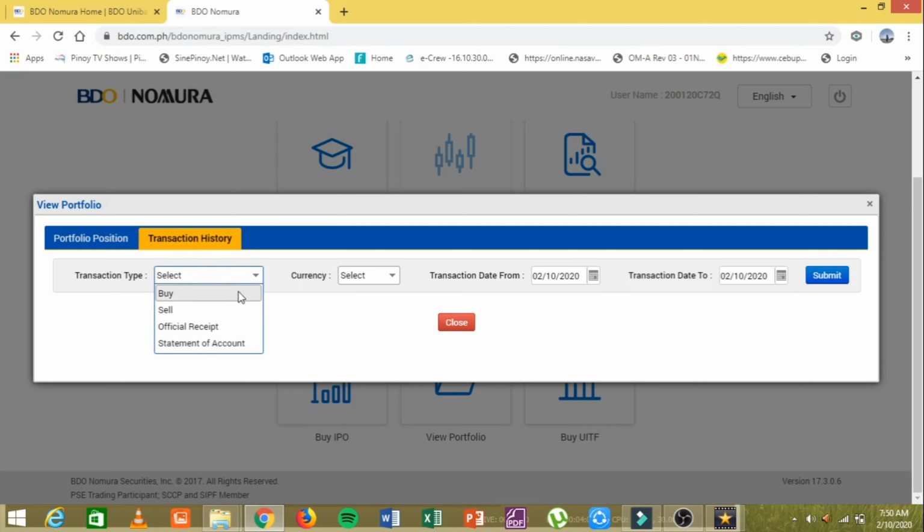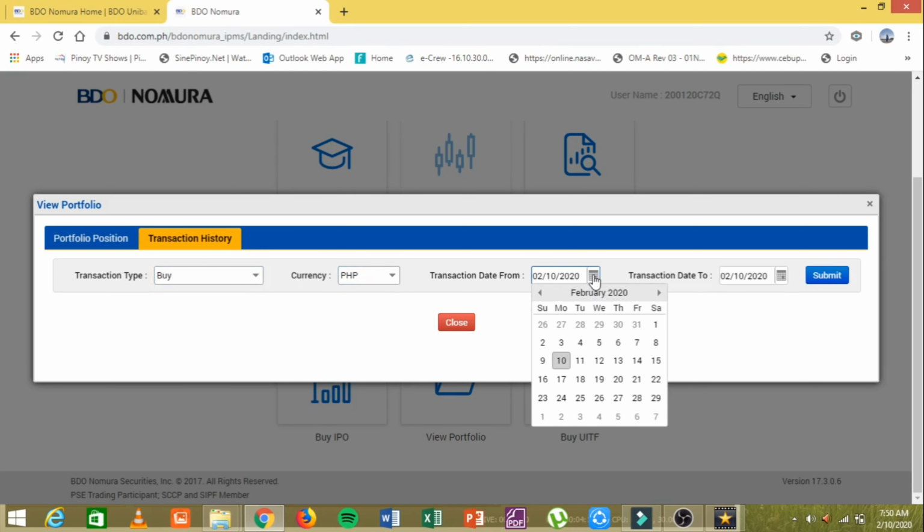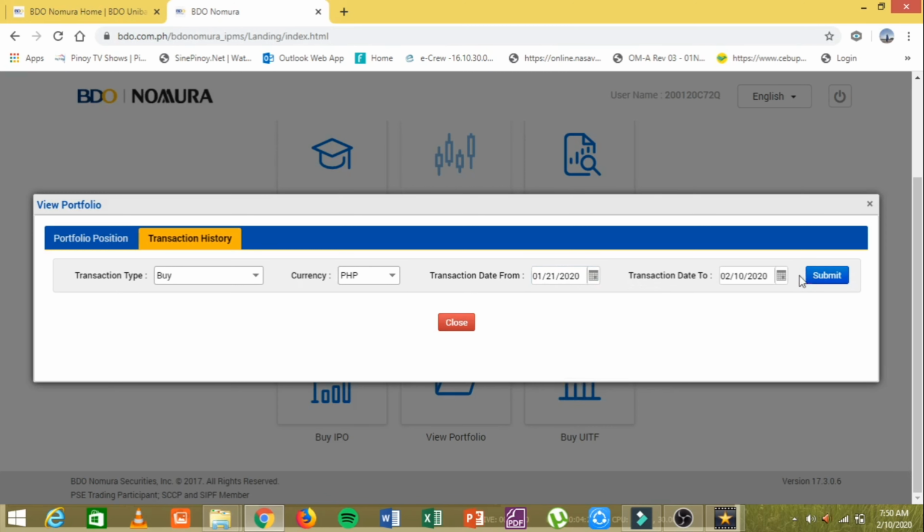Let's say I want to check what are the stocks that I bought from A1. Currency is Philippines. And transaction date. Okay, I started on January 3rd, 21. Okay, and click submit.